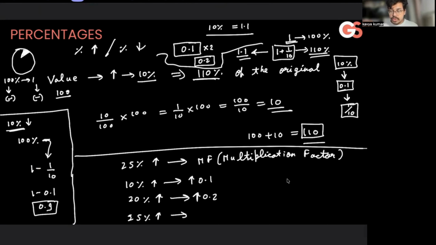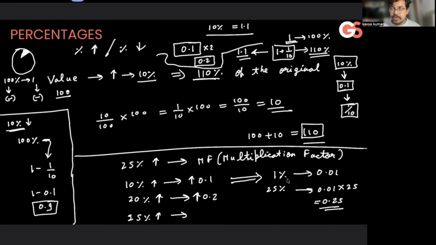This is the question. So can I say from this that in 1% it will increase by 0.01? So for 25%, I'll have to multiply this. This will become 0.25. So basically you just have to understand that in 1% it is increasing by 0.01 or decreasing by 0.01.